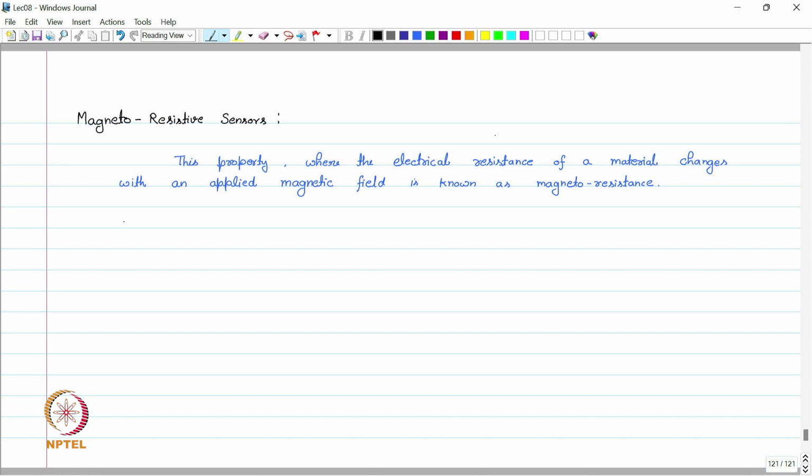So we have something called magnetostriction, which we discussed earlier as well. The phenomenon when a material changes physical dimension by an applied magnetic field is called magnetostriction.